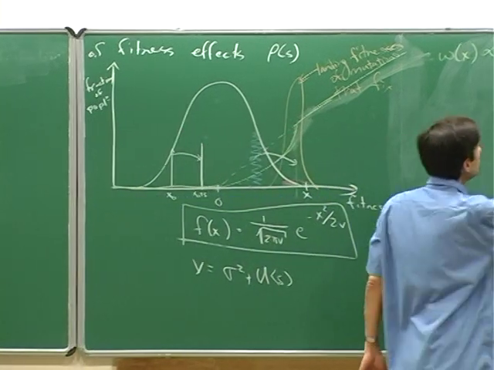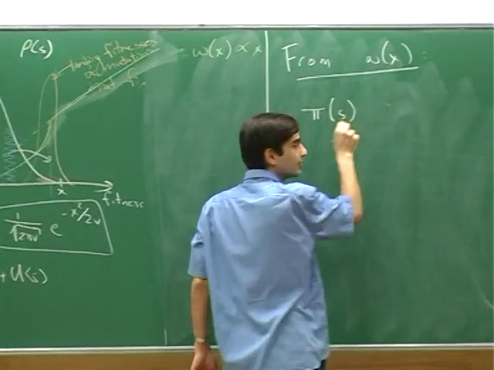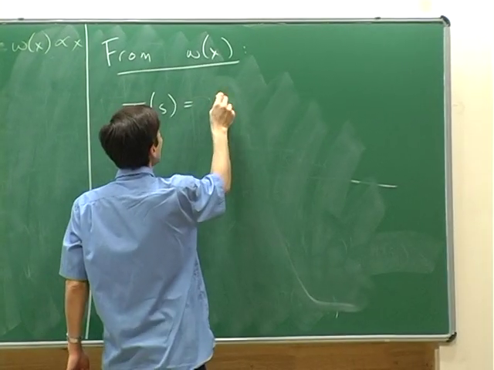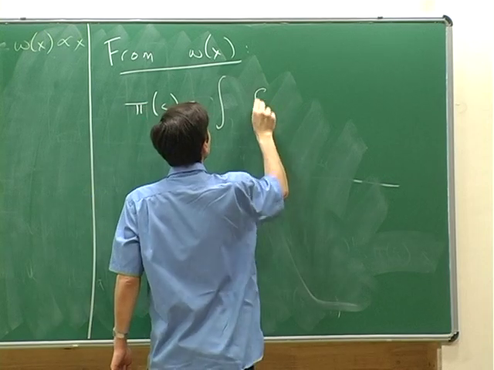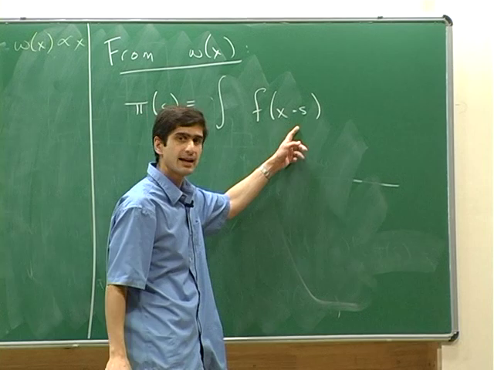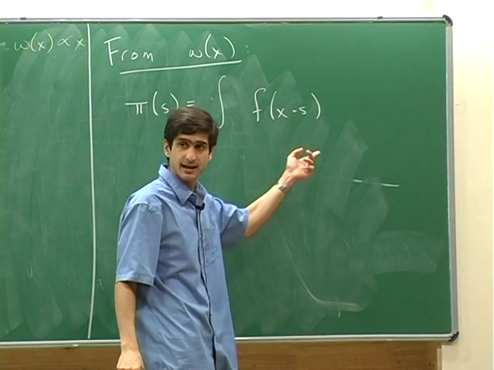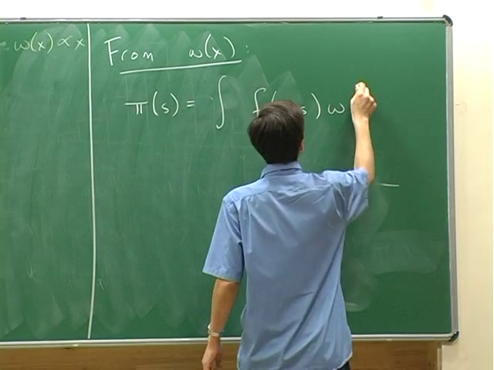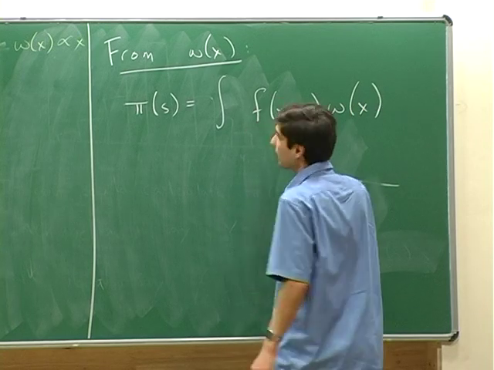So because it occurs on some random background, we need to average over those backgrounds. The probability it occurs on background X minus S is F of X minus S, times the probability it fixes.